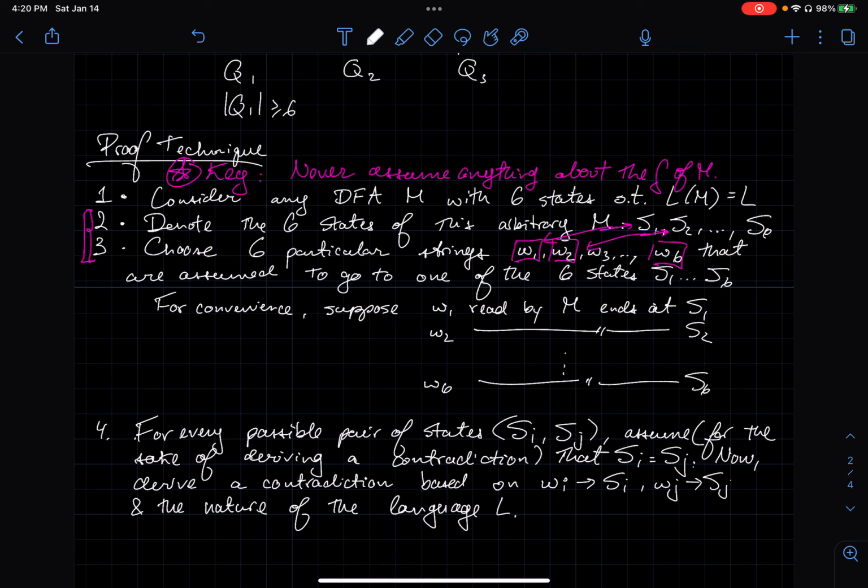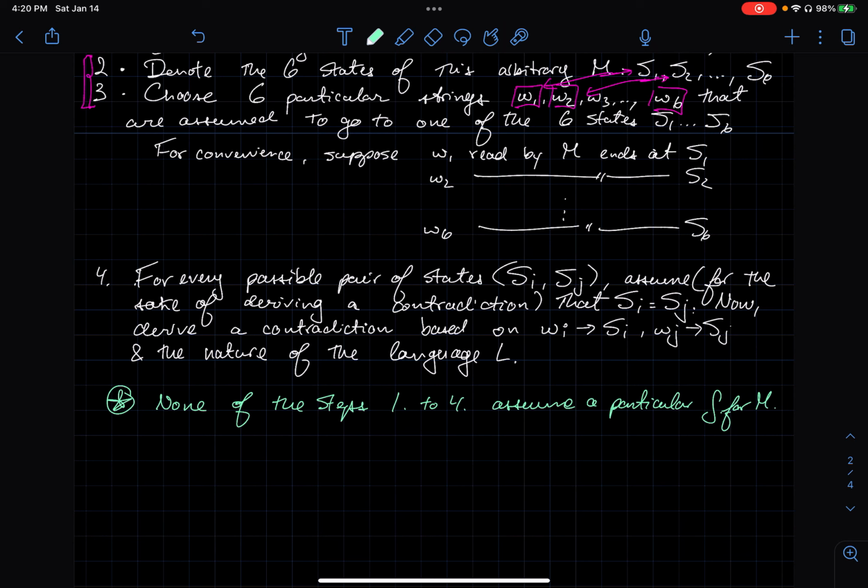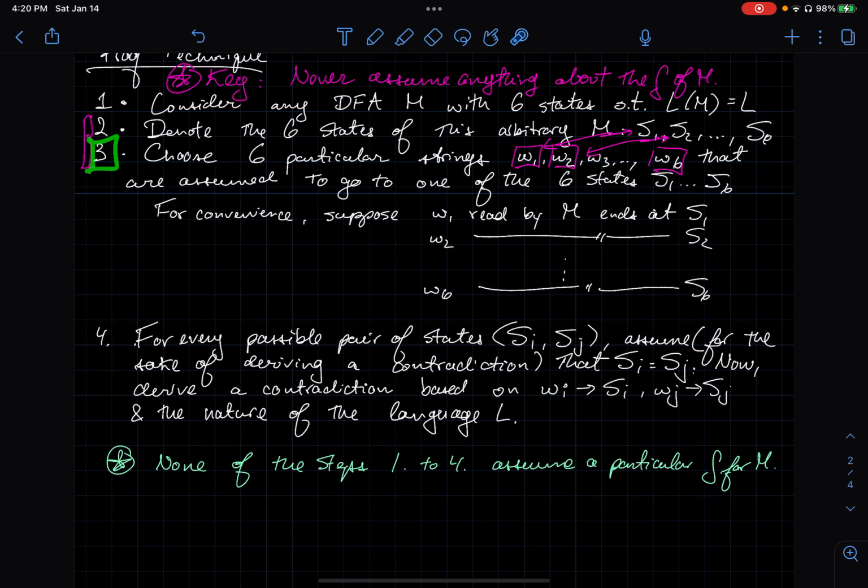Okay, and so you'll notice that in none of the steps I've listed here, and this is very, very important, none of the steps 1 to 4 assume a particular transition function for M. And in fact, the only place that we're actually going to use a particular DFA is in step 3 when we actually choose the 6 strings, okay?